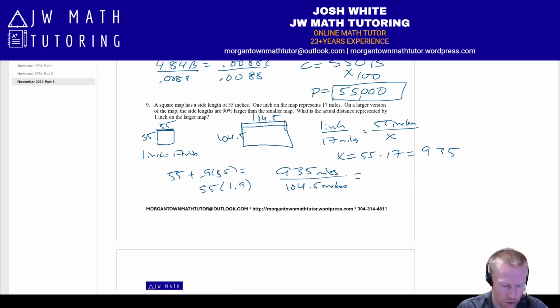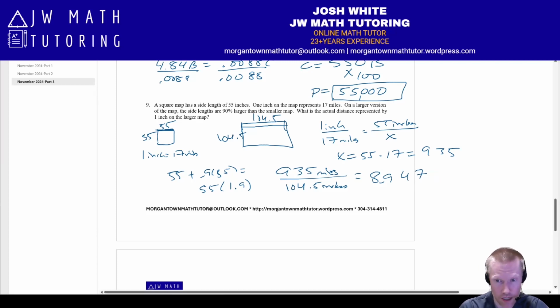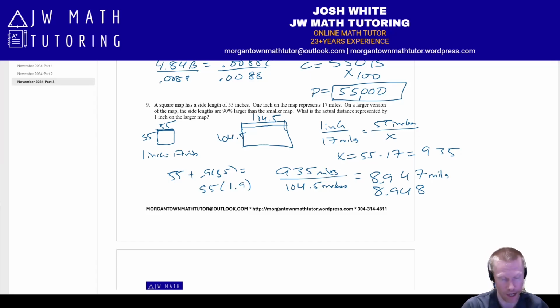It comes out to 8.9479, which means you could either report 8.947 if you truncate it, or 8.948 if you round it. This is basically the number of miles per 1 inch, which is what they're asking for. What is the actual distance represented by 1 inch on the larger map?